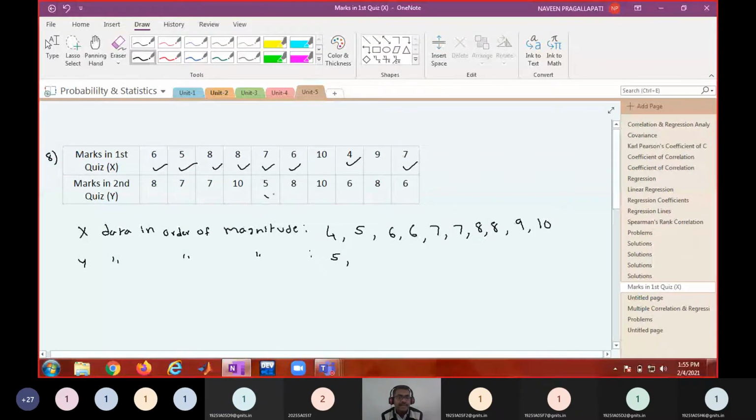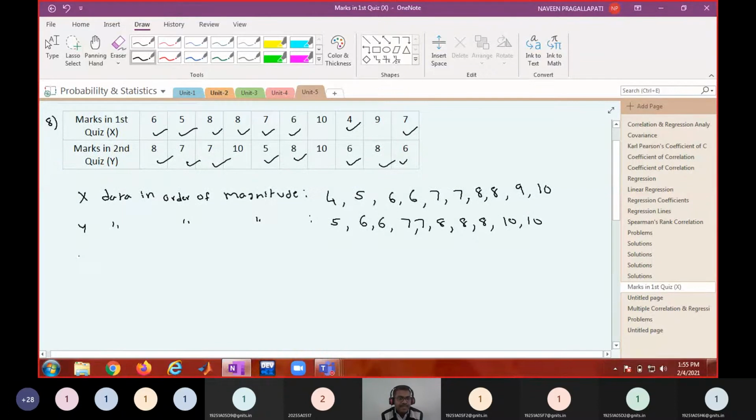Next, 6, 2 times. 7, 2 times. 8, 3 times. And 10, two times. Now we will write the X ranks.